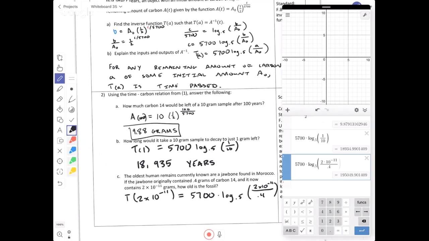So it looks like the oldest human remains are 195,000 years old. And really 50, if I round up. Cool.